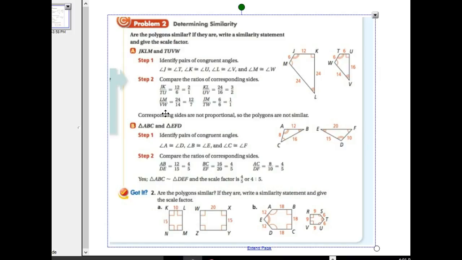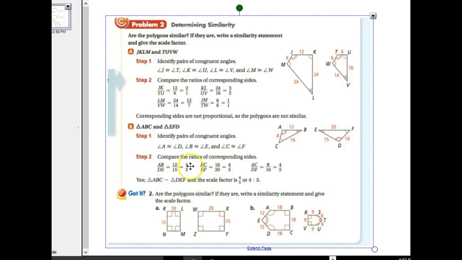Step 2, if we're going to compare the ratios of the corresponding sides, then AB, which is the medium side on the first one, would compare to the medium side on the other one, which happens to be DE. So we're really comparing 12 to 15, which reduces down to 4/5.